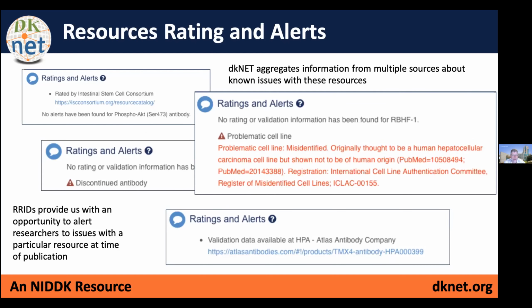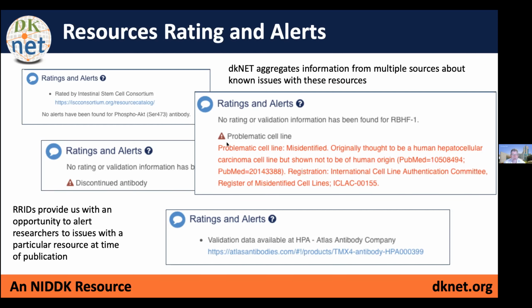This is just an example of some of the information that we're pulling from various resources. For example, for cell lines, we get information through Cellosaurus from the International Cell Line Authentication Committee, which curates information about cell lines.